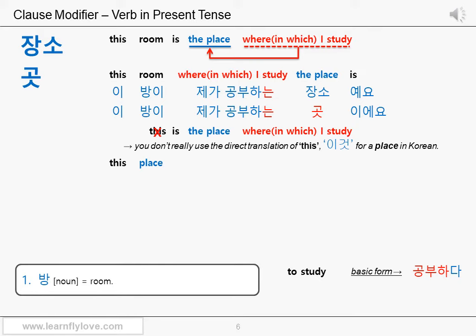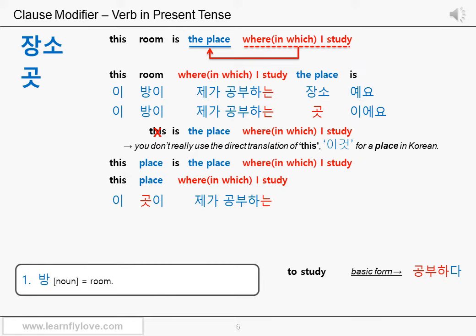For example, this place is the place where I study. Let's use the same word 곳 for the subject and the modified noun. This place, 이곳이, where I study, 제가 공부하는.